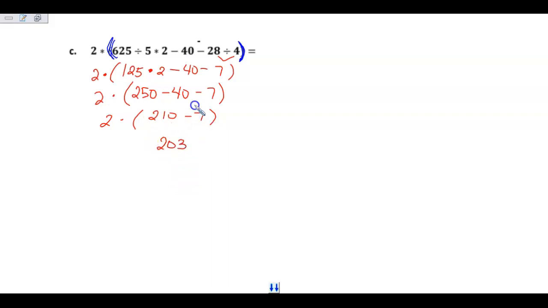I have now simplified everything in this grouping symbol all the way down to 203, so I no longer need that grouping symbol. And I'm going to take 2 times 203, and that's going to give me 406. And so there's my simplified solution to this expression.